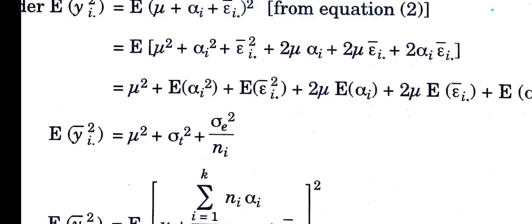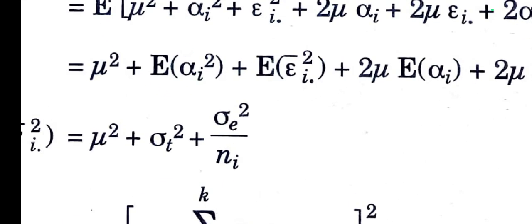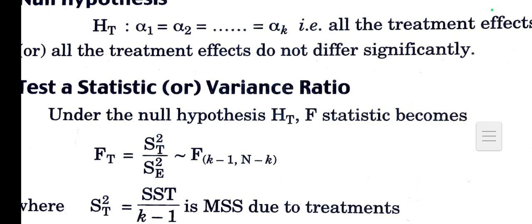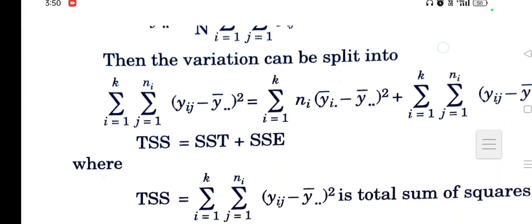So the expectation value of y bar of i dot whole square is equal to mu square plus sigma t square plus sigma e square divided by ni. Keep on doing the calculations. We are applying the expectation, then we will get the value like this.